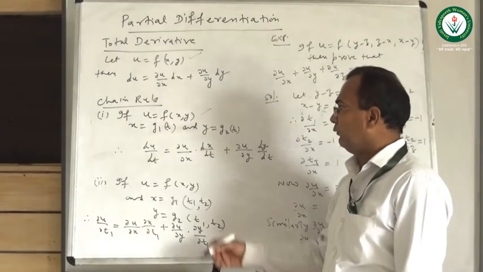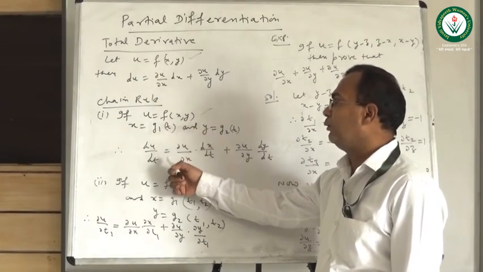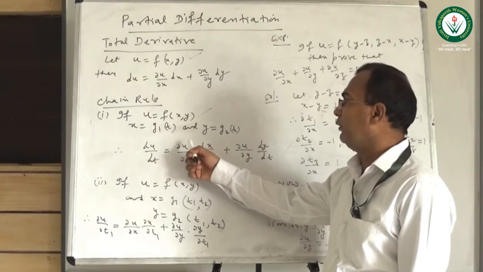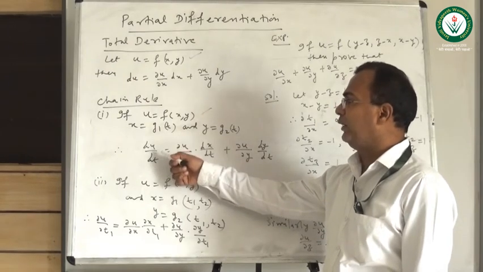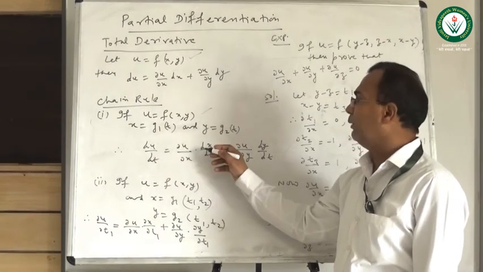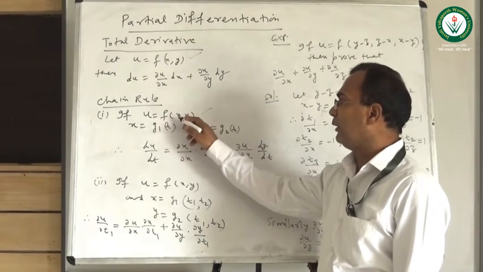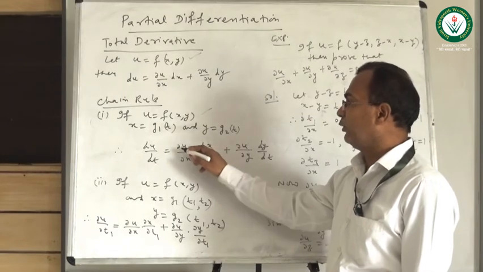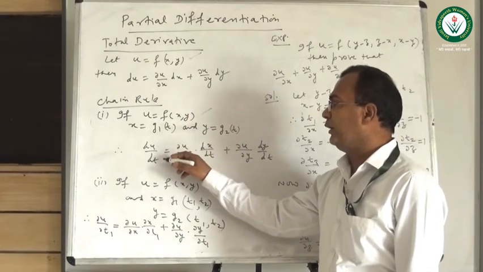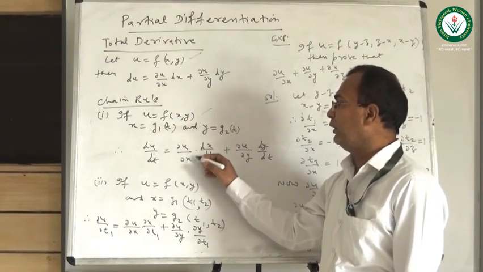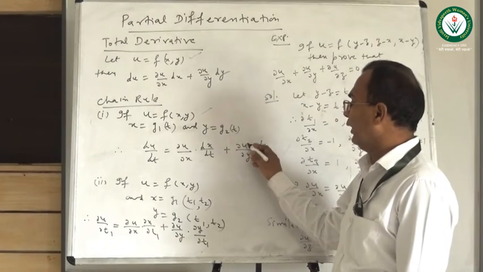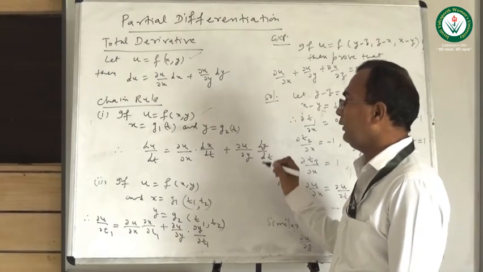Now the function u can be differentiated with respect to t, because it depends indirectly on the variable t. du by dt is given by del u by del x, because first we have to differentiate function u with respect to x and y partially. So du by dt is given by del u by del x into dx by dt plus del u by del y into dy by dt.